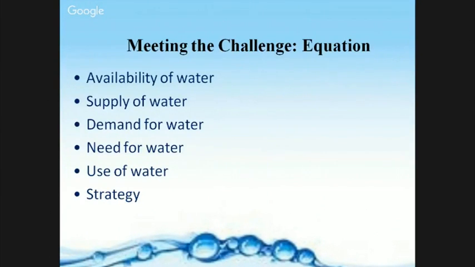So then we come to the solutions for this. How do we meet these challenges? The simple equation is a balance with respect to the availability of water. I take you back to the second slide which we had discussed.